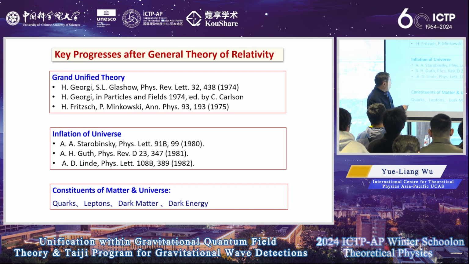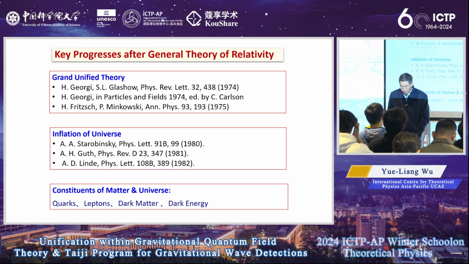And then from the universe, we have the inflationary theory, like Starobinsky, Guth, and Linde. And we also now understand the basic constituents of matter. The quark model was 60 years ago, 1964, by Gell-Mann, who introduced quark models. And we now also know about dark energy, which is more than 95%.